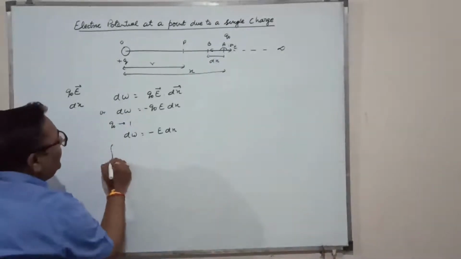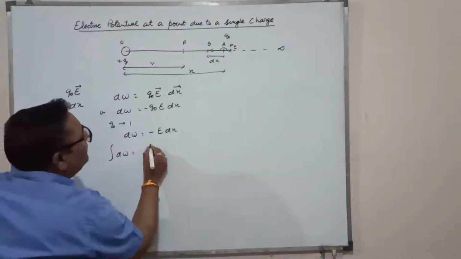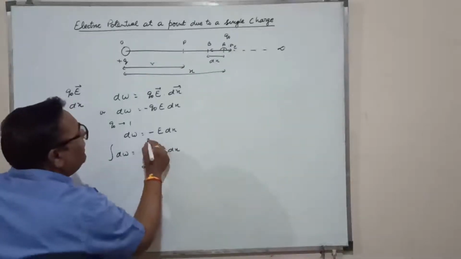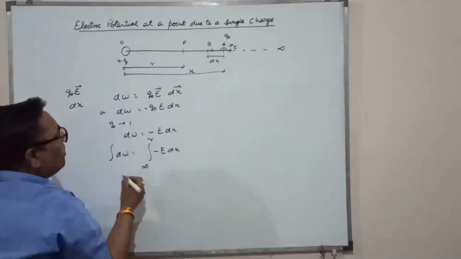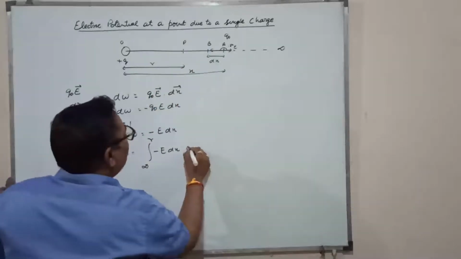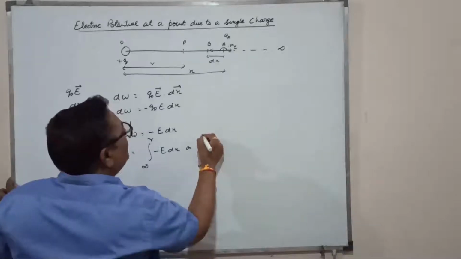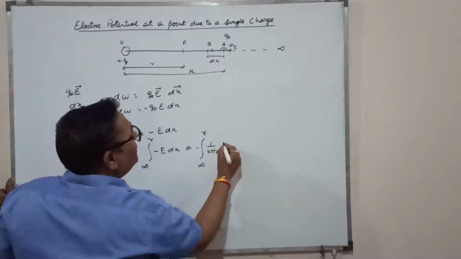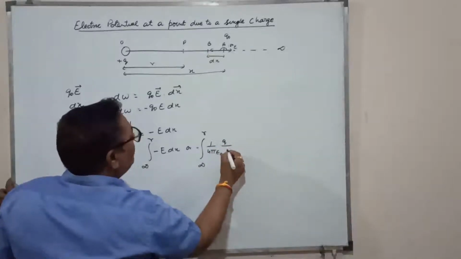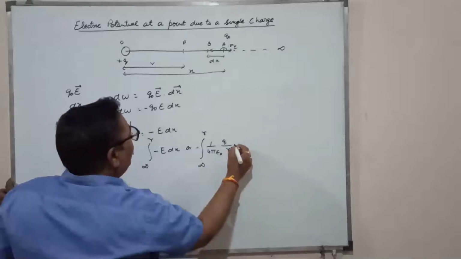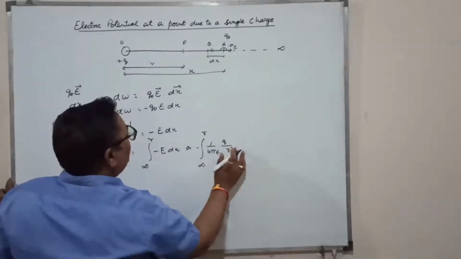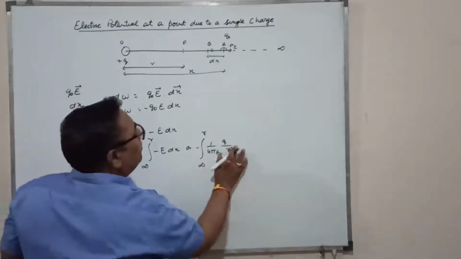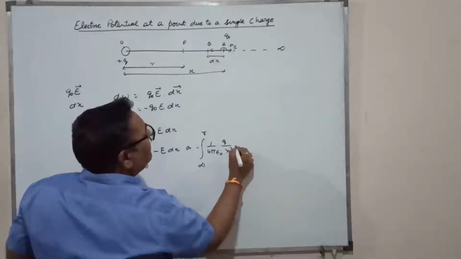Now the total work done to bring the test charge from infinity to the point P. This is the integration of dW, minus E dx from infinity to the distance R, or the integral from infinity to R of minus 1 upon 4 pi epsilon 0 Q upon x square dx.